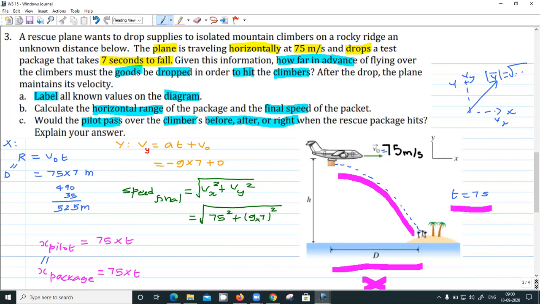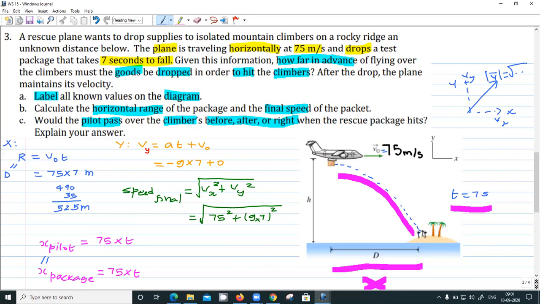Speed is the magnitude of velocity. This is very basic vector math. Okay, just go over it again after I finish this session.